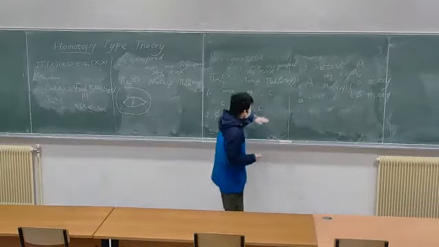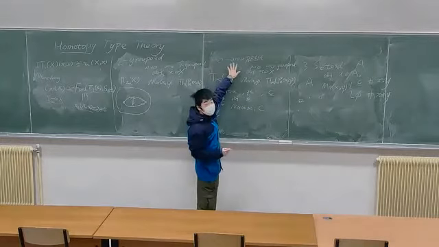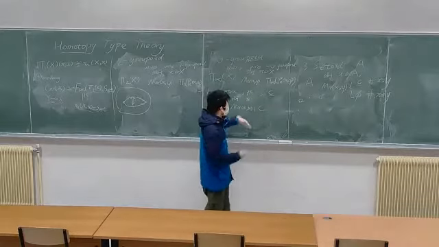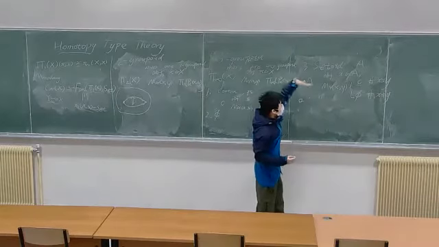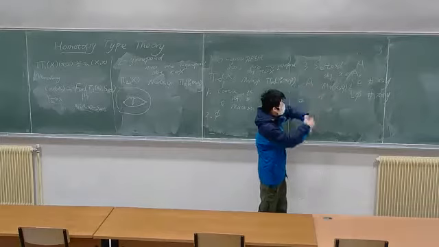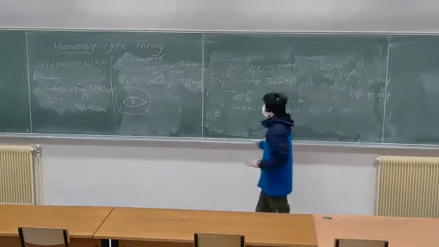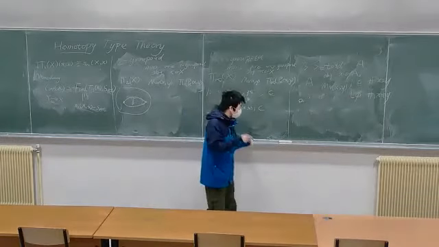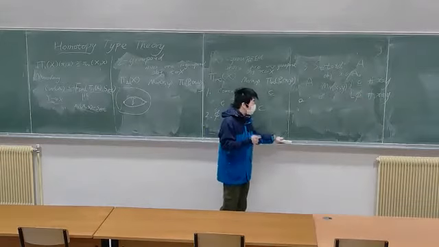So homotopy type is basically the same thing as infinity groupoid, but it's not defined in that way. Here we define an infinity groupoid by digging inside and describing what the morphism is. But type is kind of external. We define a space by its universal property.